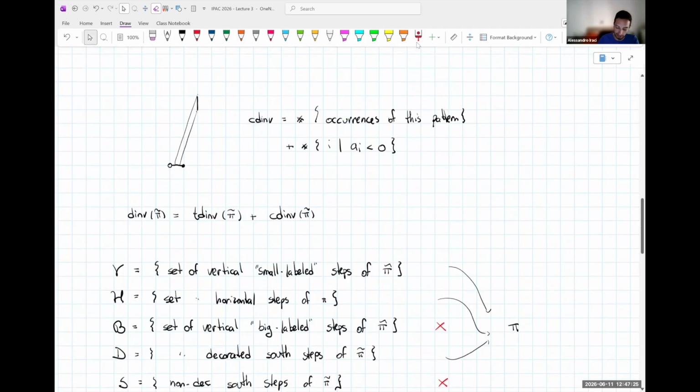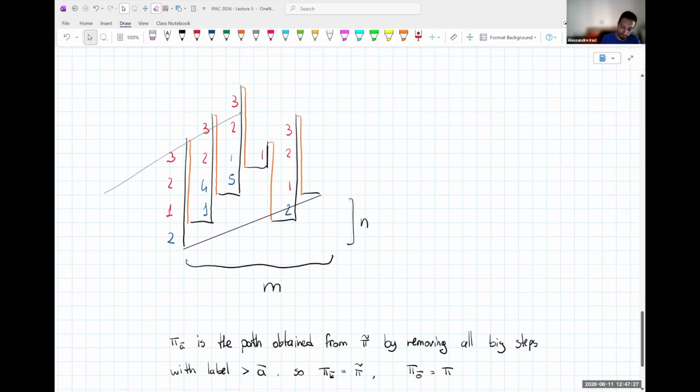So if I draw the line parallel to the main diagonal starting from the bottom point of j, when is this going to intersect step i? Maybe this is a good example. This one here should intersect this step.